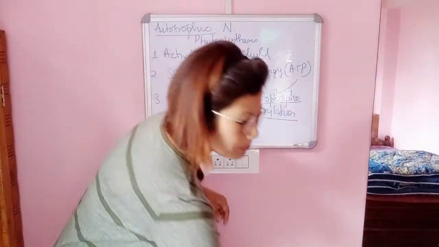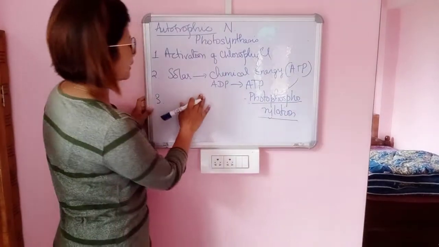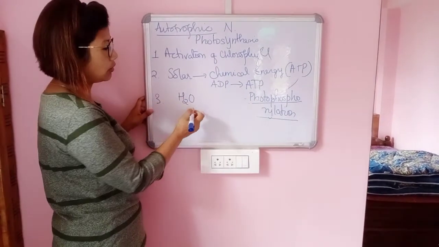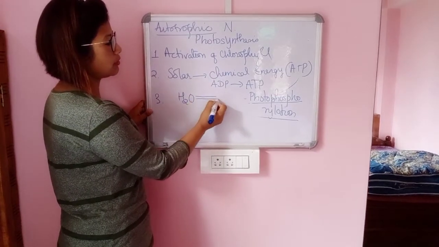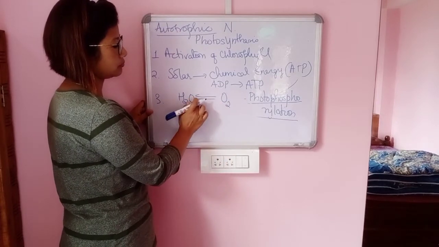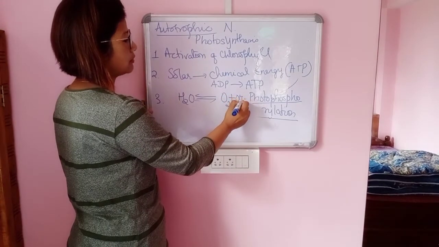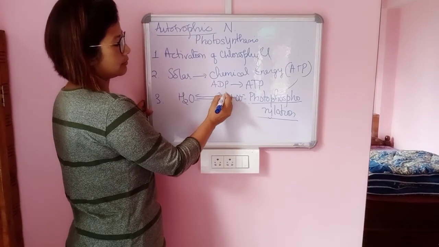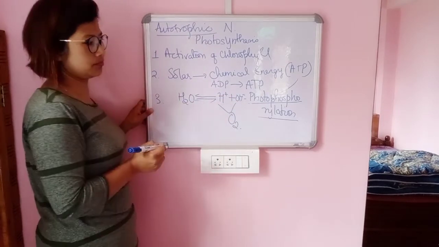And another thing is, in the second step, water, you know that, isn't it? They get it from the soil. Water is converted into oxygen and hydrogen and hydroxyl ion. Okay, and later it produces oxygen.